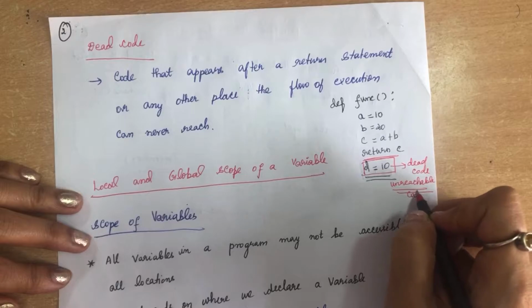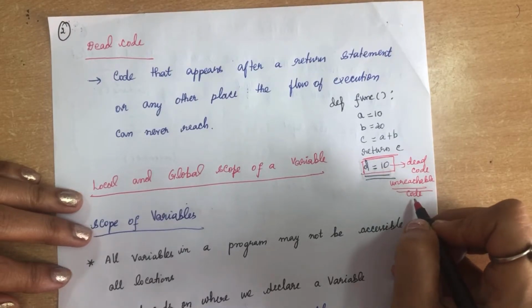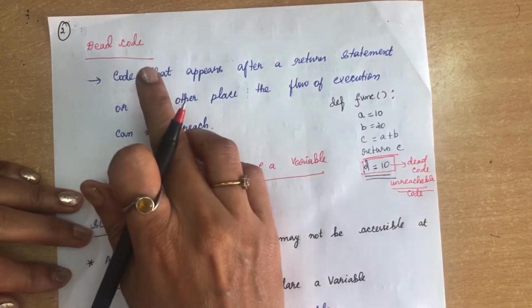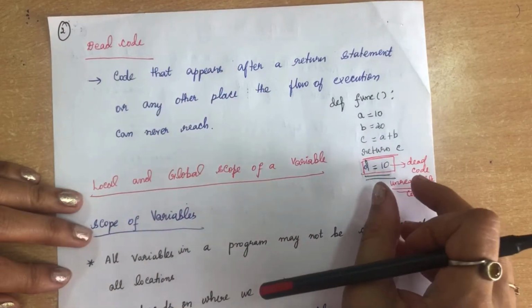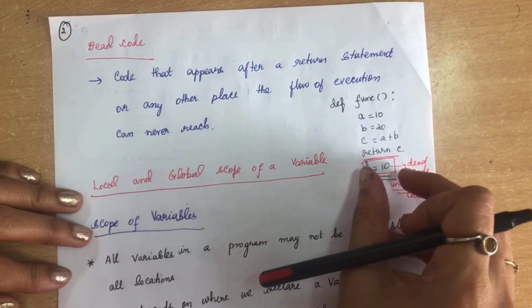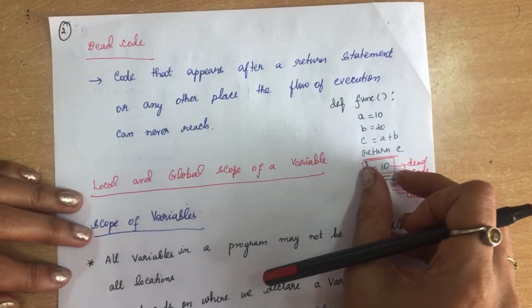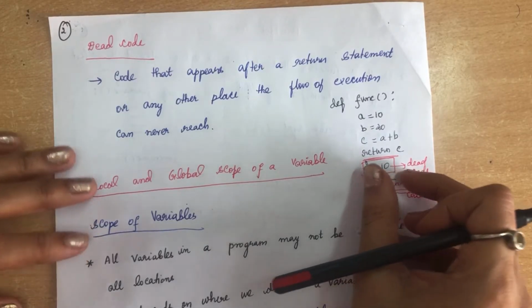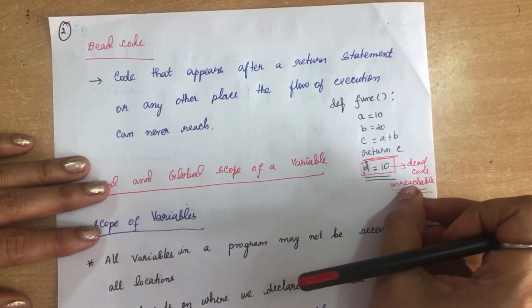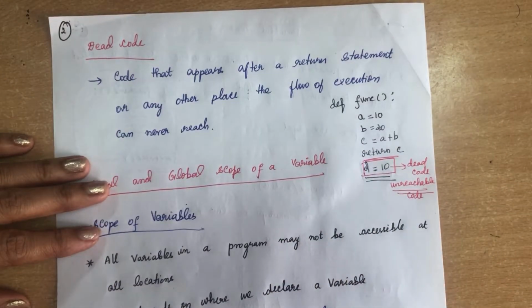So you can call it dead code, or it may be unreachable code. So whenever you write some code which is never executed by the Python interpreter, then you can say those codes are dead codes or unreachable codes. Okay, this is all about your dead codes.